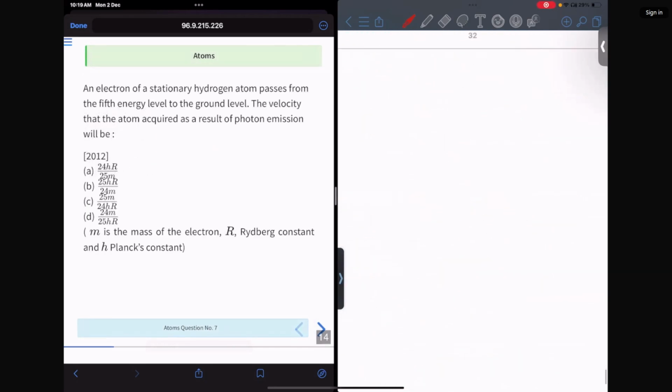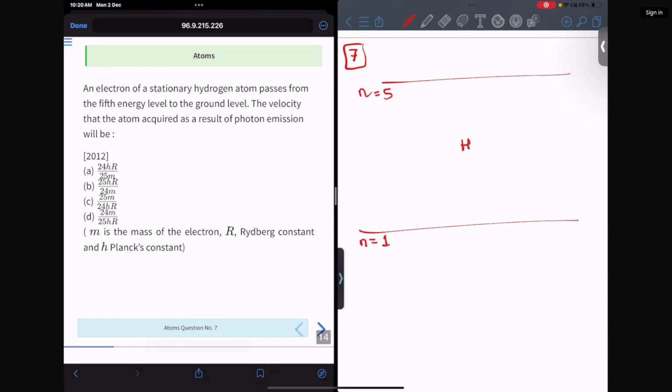Then I'll move to question number 7. Question number 7 says an electron of a stationary hydrogen atom passes from the 5th energy level to the ground level. This is in a hydrogen atom.